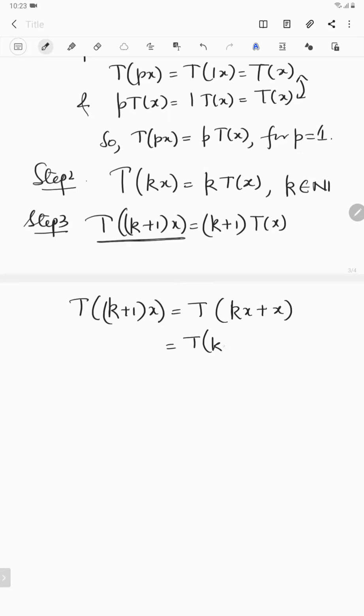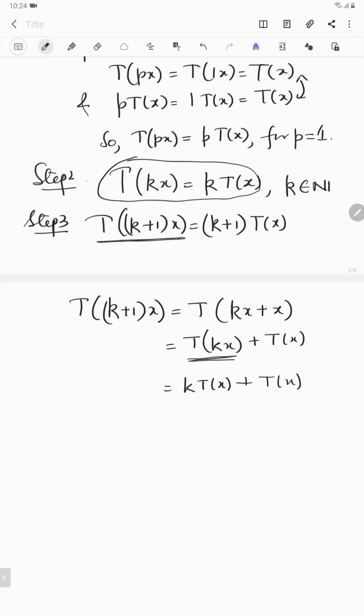Now the first term of the sum, t of kx, this will become k of tx by virtue of step number 2 of the principle of mathematical induction, where we assume that the result is true for p equal to k. So this becomes k plus 1 tx.